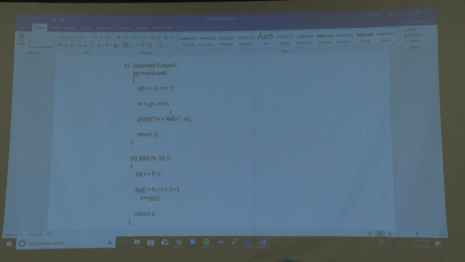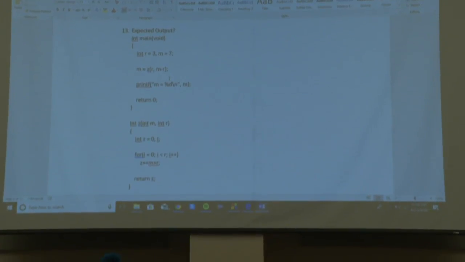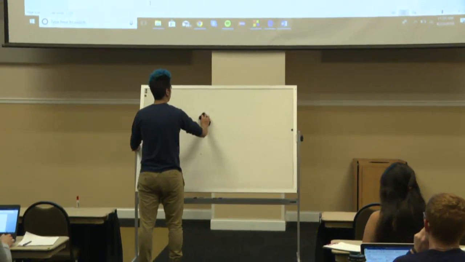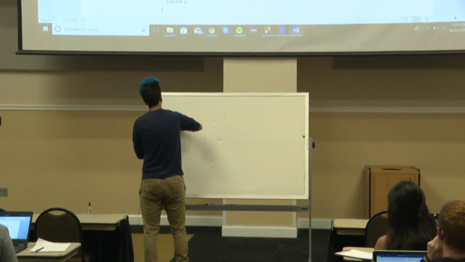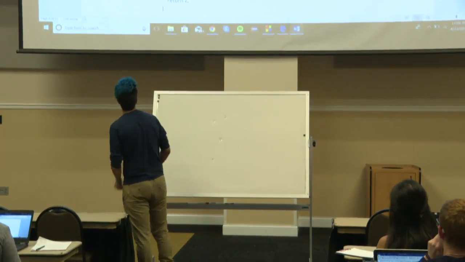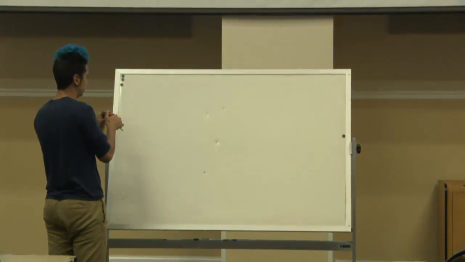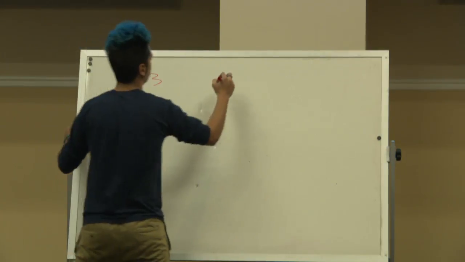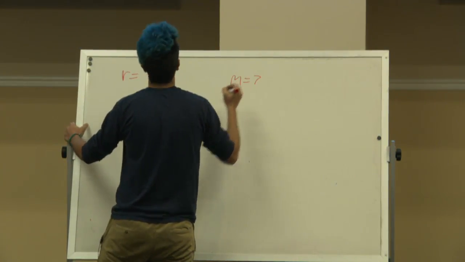Cool. Okay. All right, so I'm going to go ahead and trace through it. Okay. So first things first, R equals 3, M equals 7.